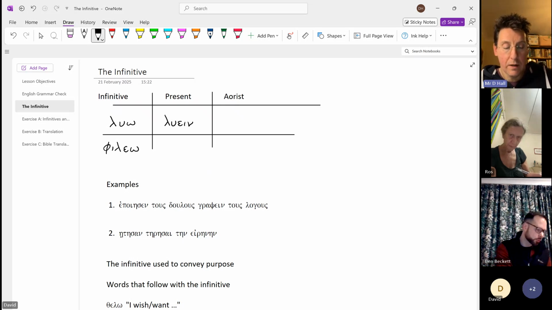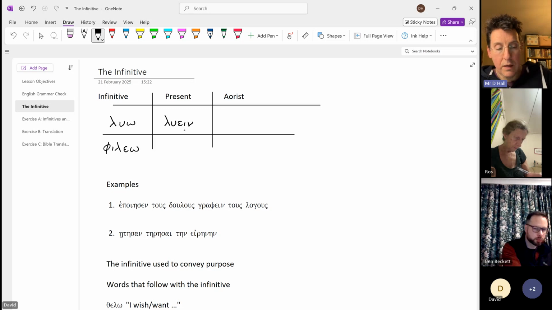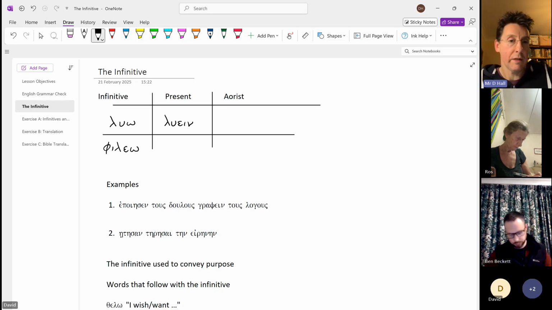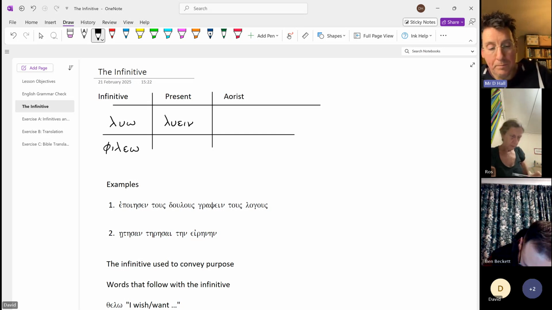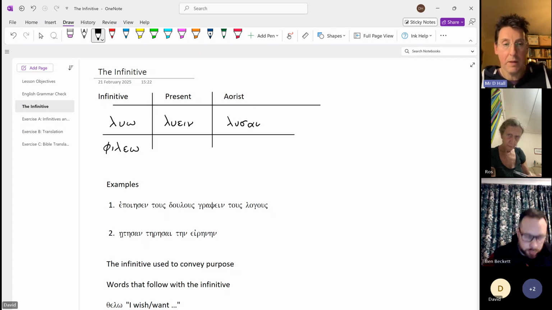So we have the ending here, so it has its own ending, and that's our present infinitive. So that would mean to untie. If that comes up in a sentence, that's what it's saying. And likewise, we have an aorist form, which is going to have the standard sigma put in there, and then it has its own ending, so lusai.